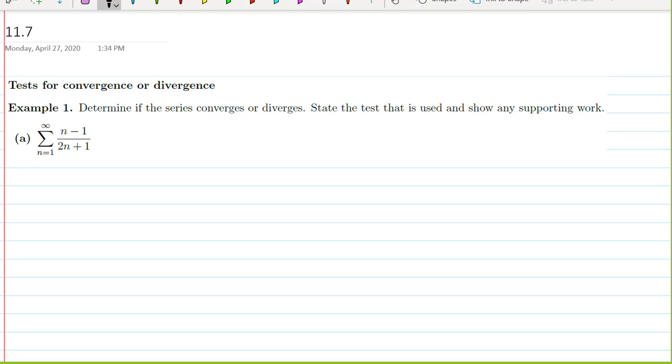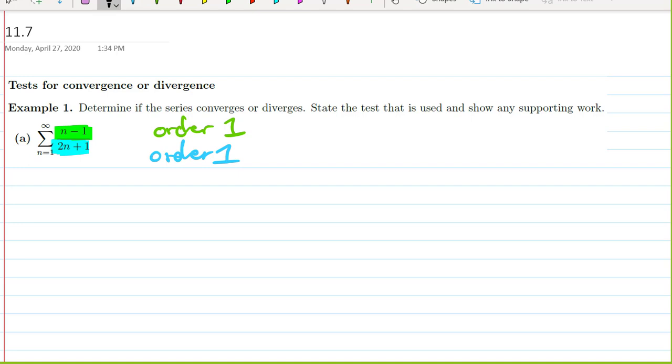So by looking at this series, if we analyze both the numerator and the denominator, the numerator is going to have degree 1, so that's order 1, and the denominator is also going to have degree 1, so it's going to be order 1.